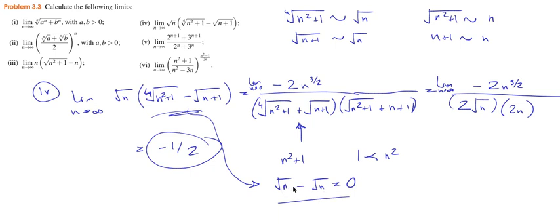Because when you subtract these things, it's obvious that the most important terms, which are the square root of n, will cancel out, and the limit actually depends on the smaller terms that you are neglecting here. So that's what you have to be wary of when computing limits with subtractions.